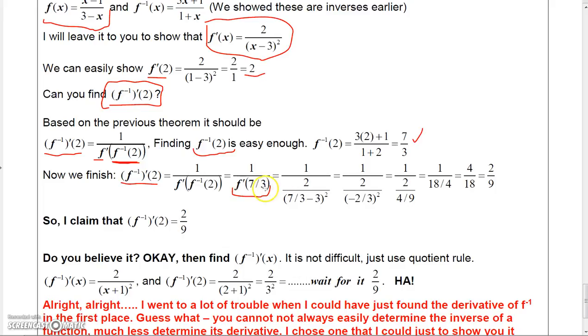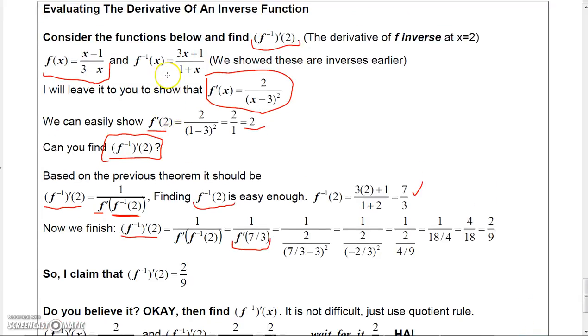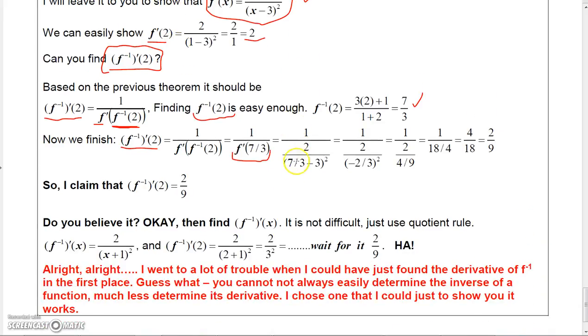If you evaluate this derivative at 7/3, you're going to get 2 over 7/3 minus 3 quantity squared, which is 2 over negative 2/3 quantity squared. So it's going to be 2 over 4/9. So that's going to be 1 over 18/4, which is 4/18 or 2/9. So I claim that the derivative of the inverse at 2 is 2/9.